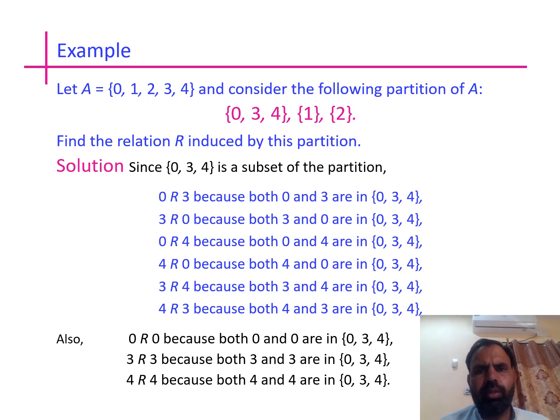0 relation 3 because 0 and 3 are in {0, 3, 4}, and 3 relation 0 also, since 3 and 0 are from {0, 3, 4}. 0 relation 4 because both are from {0, 3, 4}, and 4 relation 0.